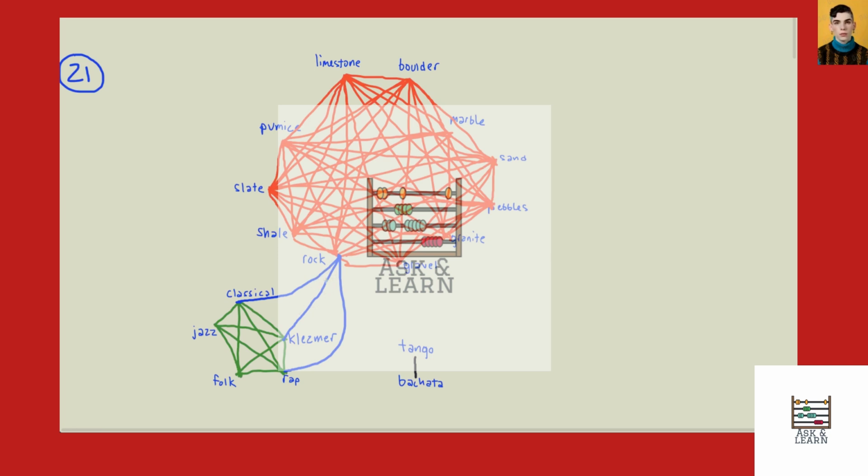So I'm going to do this for each one of them. Okay, and rock is not a type of dance. These are just two types of dance. Is there anything else that these relate to?